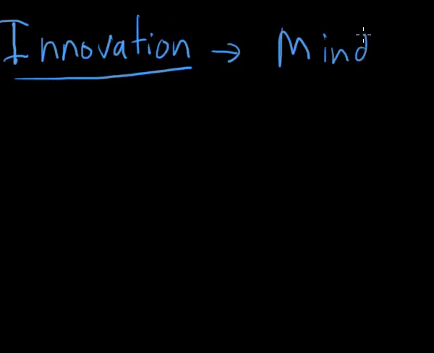Okay, so last time I said I developed a method for innovation that would work with pretty much any type of technology. And the first step in that innovation process was to create something that's known as a mind map. And in this case, I'm using it as a brainstorming technique to sort of organize many different types of technologies.